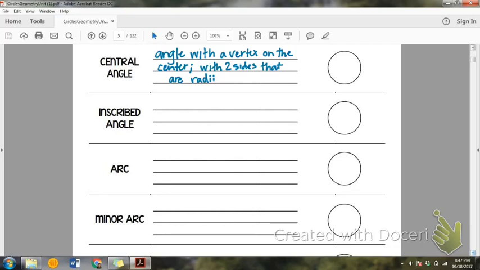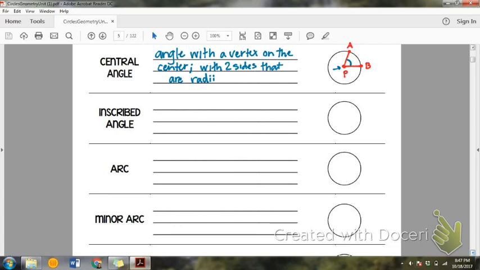So if we look back at our drawing, we're going to go ahead and do circle P again. So the center is P, and I'm going to draw an angle here that looks like this. I'll call this point A, this point B. So this angle that I have created is called a central angle. Notice the vertex is at the center of the circle.